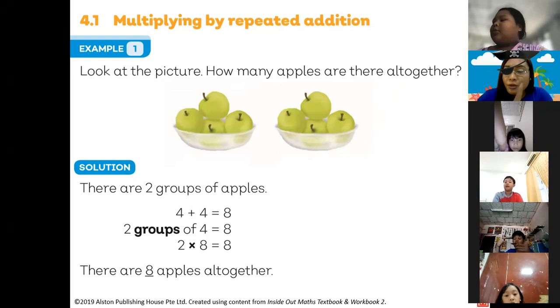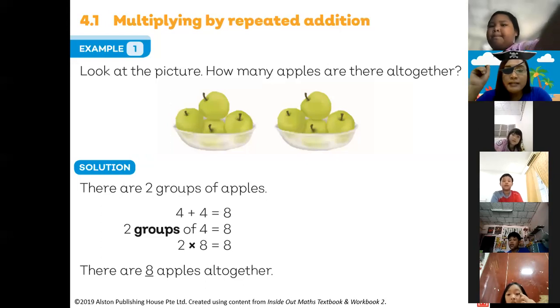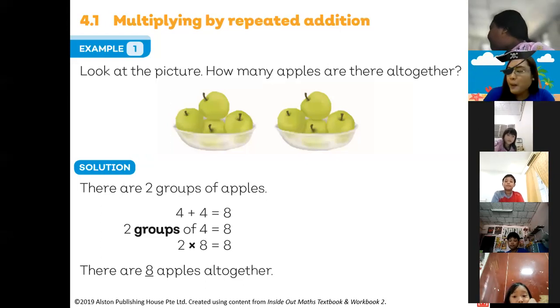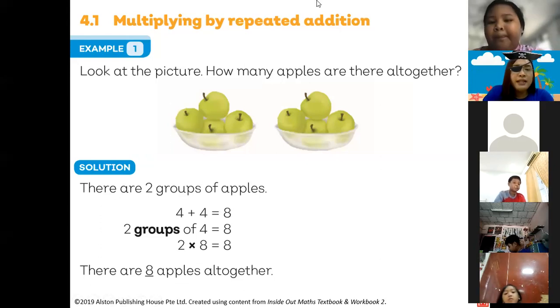And for those who don't have their textbook, you can just look at the screen and listen, okay? All right, so for this afternoon's lesson class, we will tackle multiplying.